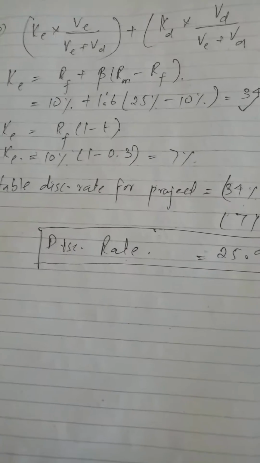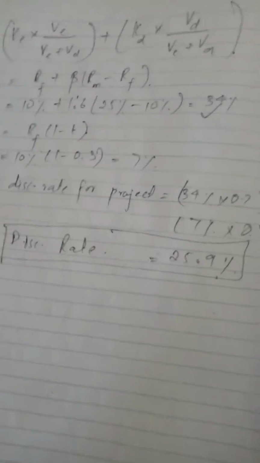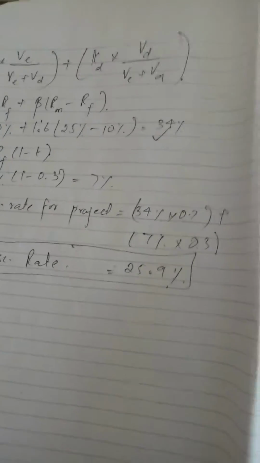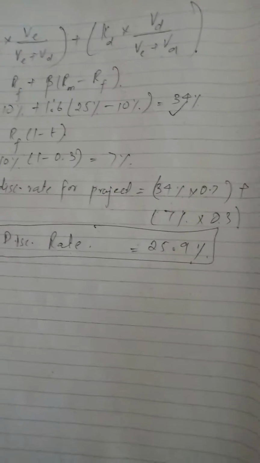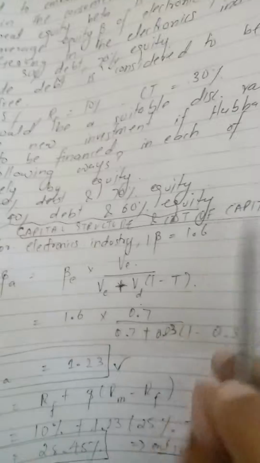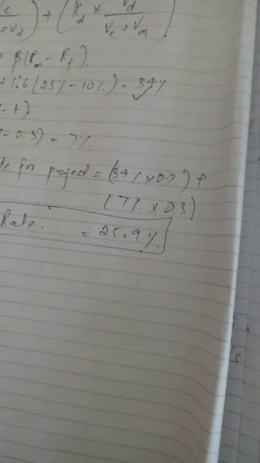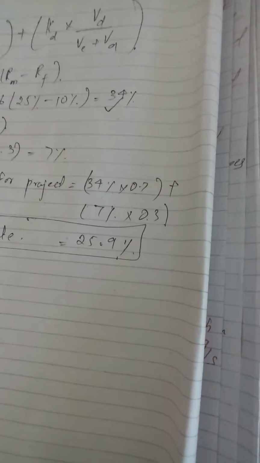Okay, so now the project would be financed by 40% debt and 60% equity, part C. In this case, the equity beta of the electronics industry reflects a lower level of gearing than that for the proposed project.